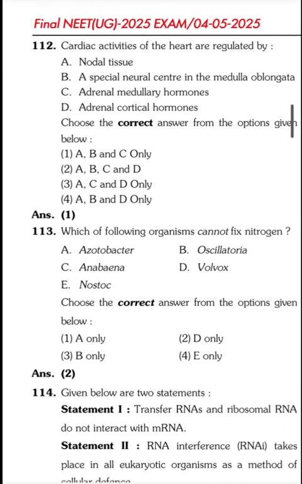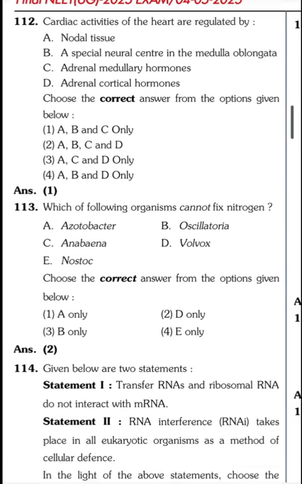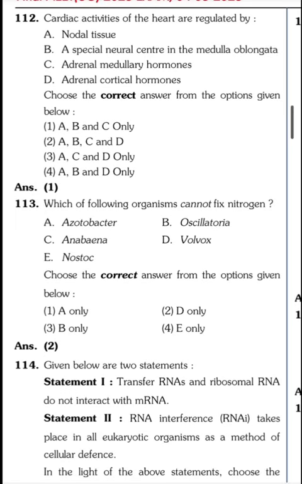The next one is: cardiac activities of the heart are regulated by nodal tissue, special neural center in the medulla oblongata, adrenal medullary hormones, adrenal cortical hormones. Which of these is correct, from the options given below? The cardiac activities are regulated by nodal tissue.